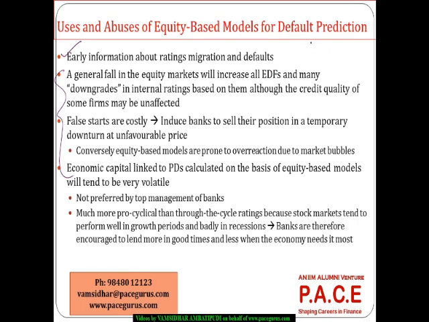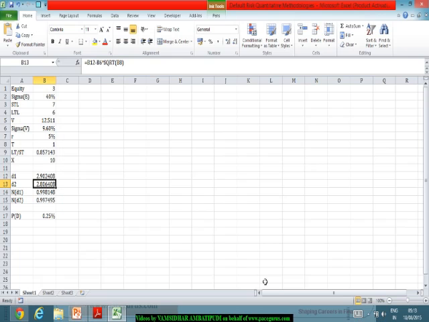Just look at the formula now. The equity price has fallen drastically. Let's take it from this example itself. The value of the equity is going to fall, which means the value of the firm is also going to fall.